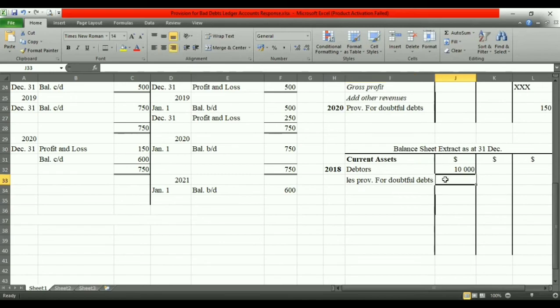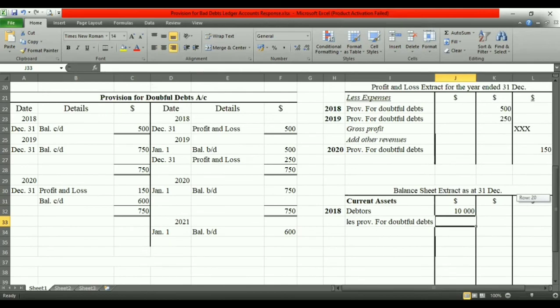Now, the provision for doubtful debts for 2018, what we're looking at is a balance in the account. So the balance brought down coming out of 2018 is 500. That is what you record in your balance sheet.